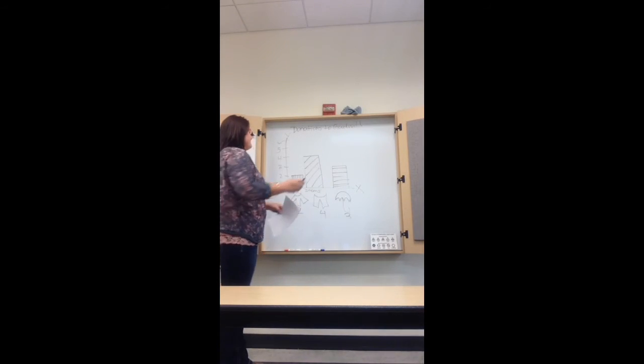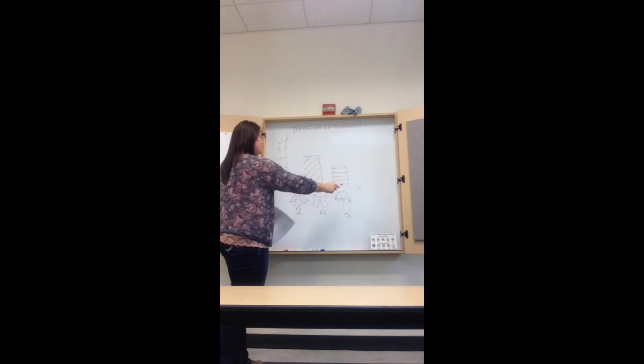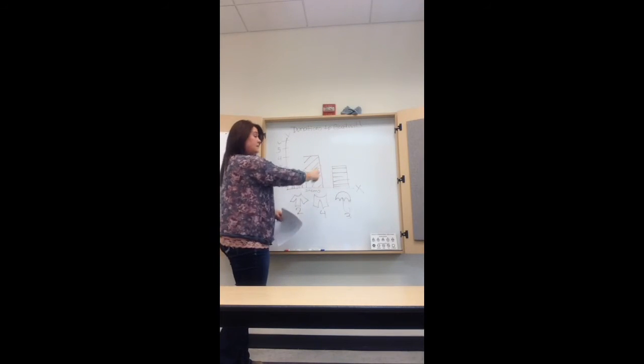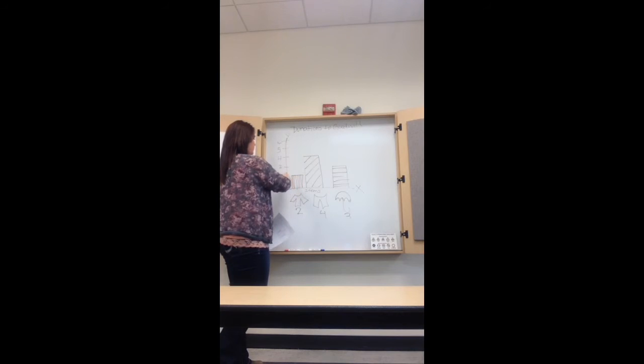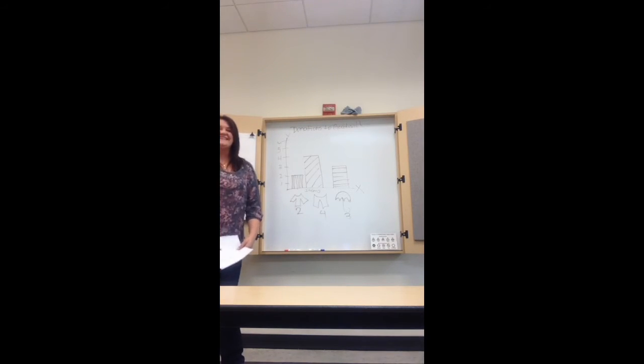Next, how many were donated in column A? 2. That is correct, because this would be column A, B, C, 3 columns, 2 shirts, 1, 2. There's our first answer. How many would be donated in column B? 3. Wrong.